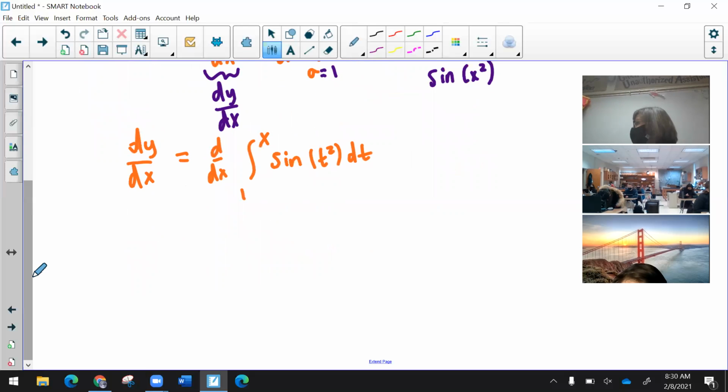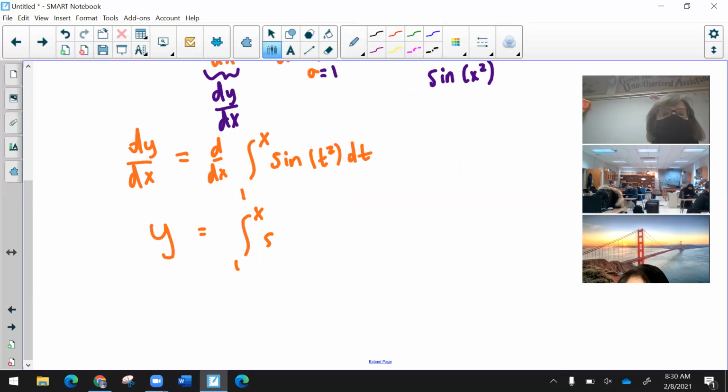So now I can take the antiderivative of both sides, right? Get rid of that d by dx. And this gives me y is equal to the integral from 1 to x of sine t squared dt plus a constant.